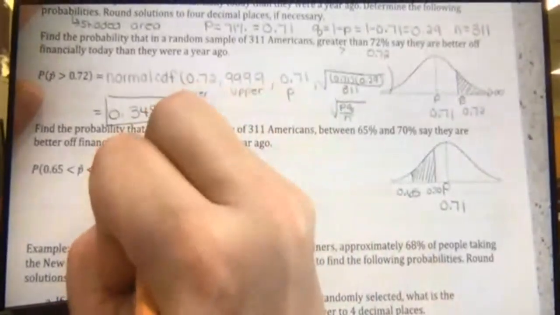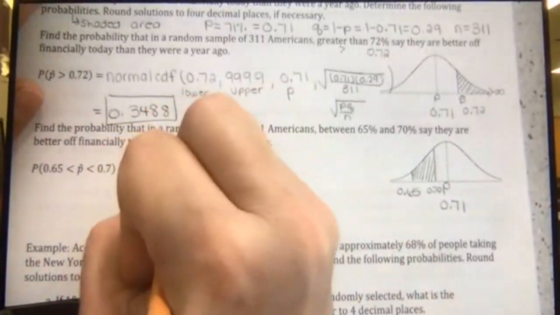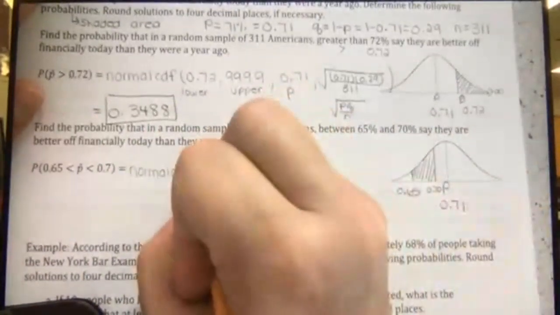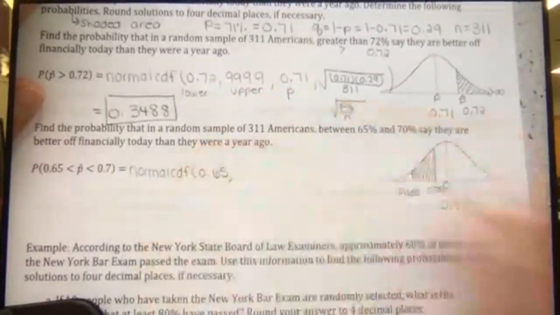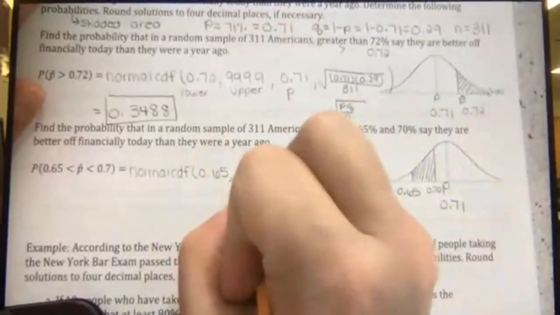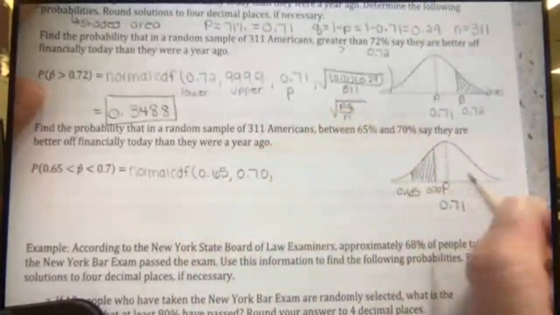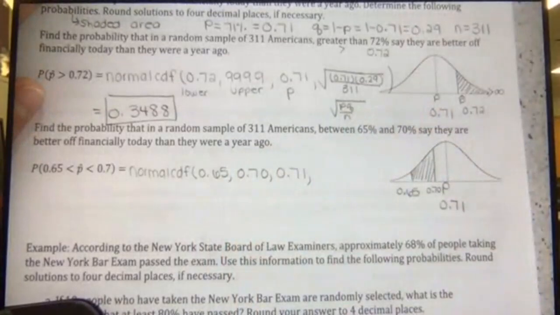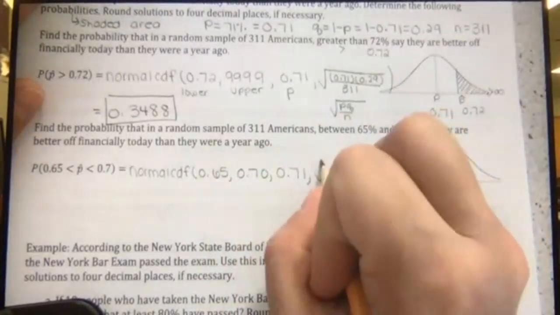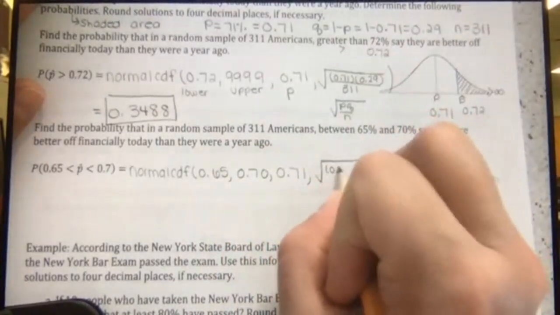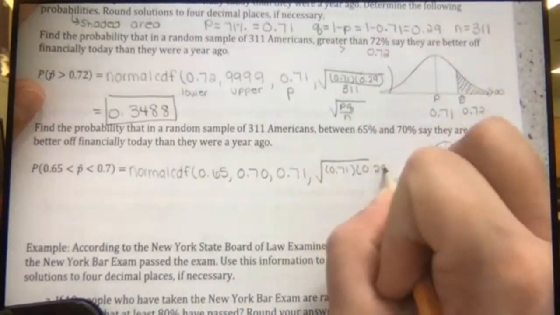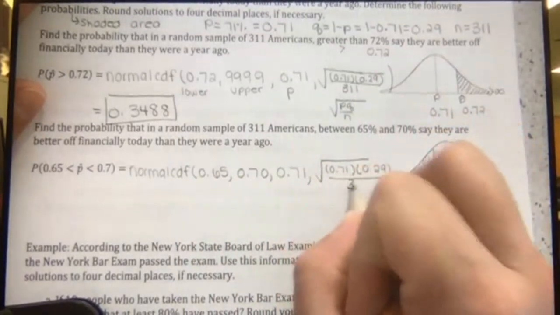So we're still going to do normal CDF. Reading our graph from left to right, our lower limit's 0.65. Our upper limit's 0.70. Then we have our p-value, which is 0.71. Then we have our standard deviation, which is the square root of p, which is 0.71, times q, which is 0.29, all over n, which is 311.